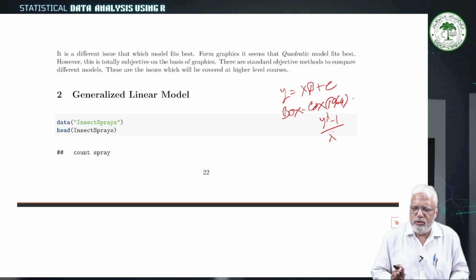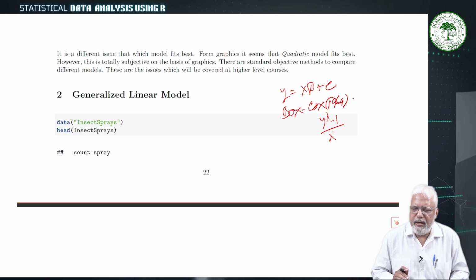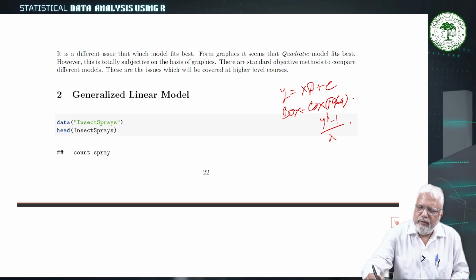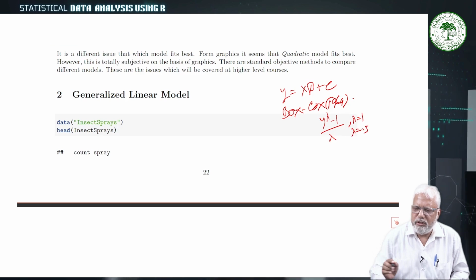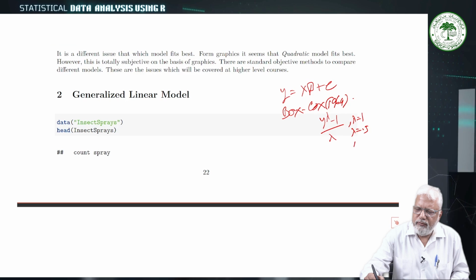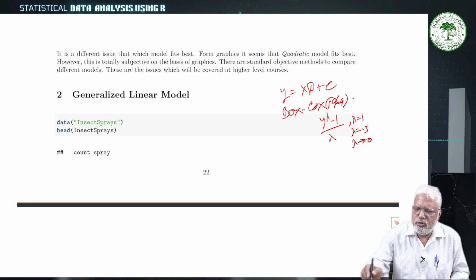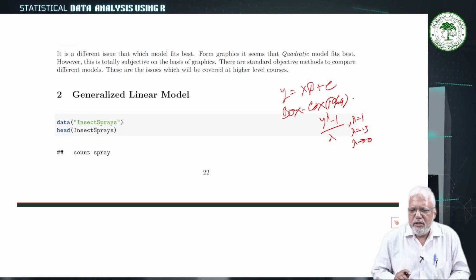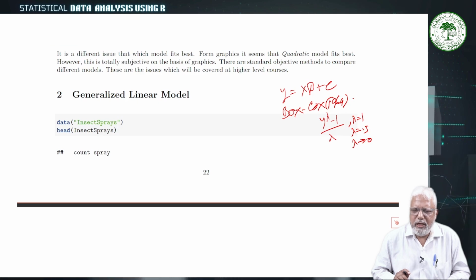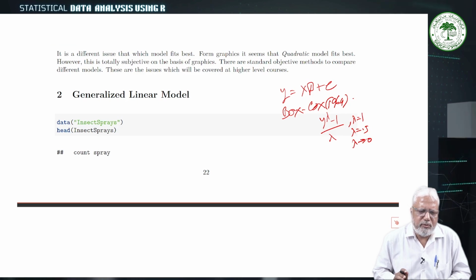For different choices of lambda, for example, if lambda is equal to 1, there is no need of transformation. If lambda is equal to 0.5, that means square root transformation. If lambda approaches 0, that means logarithmic transformation. So people enjoyed this Box-Cox transformation.